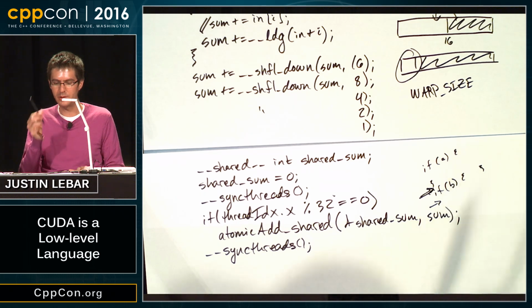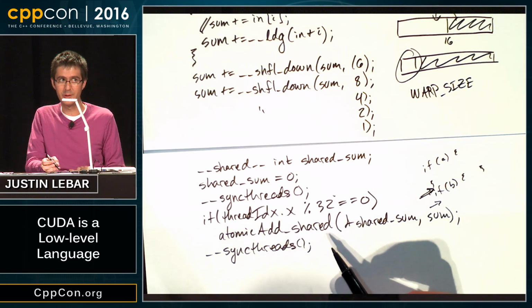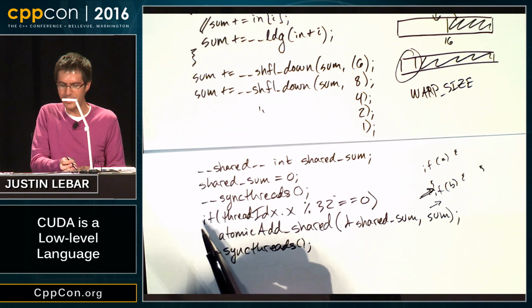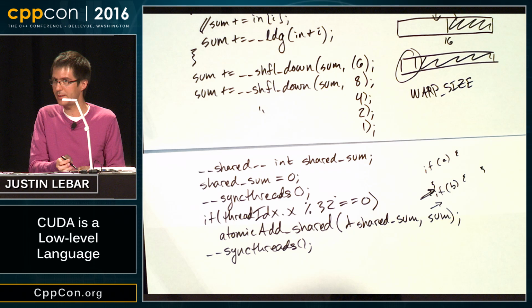There is one place where I do have to reconverge, though, and that's when I run sync threads. Because it would be really, really bad if we come in here, and then we activate only thread 0, and then we go in here. Then we run sync threads, and thread 0 is still the only one that's active. We wait for everybody else to get here. And then we keep running with only thread 0 active. It's not going to end well for us.